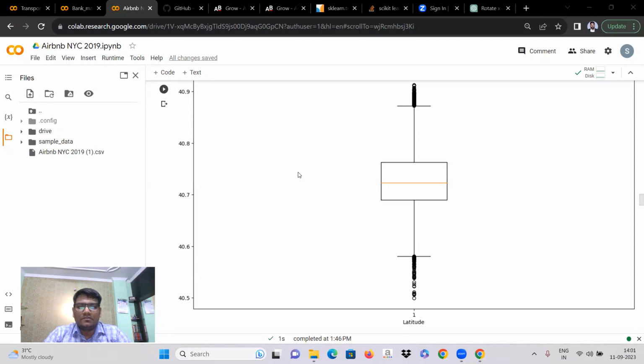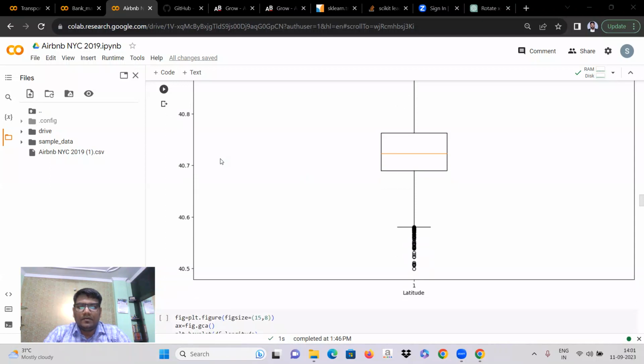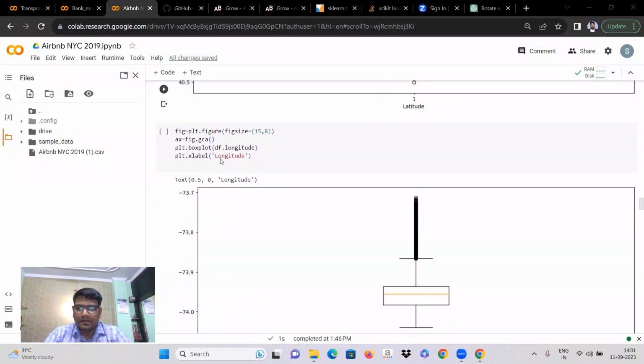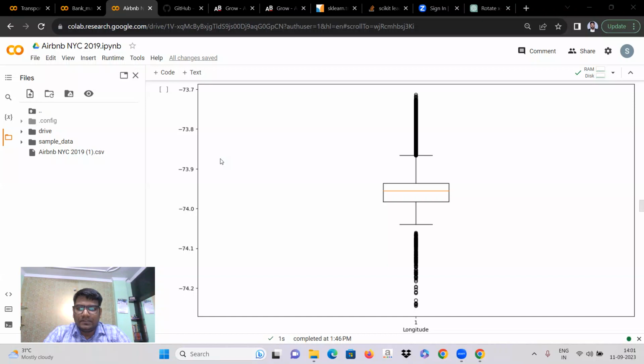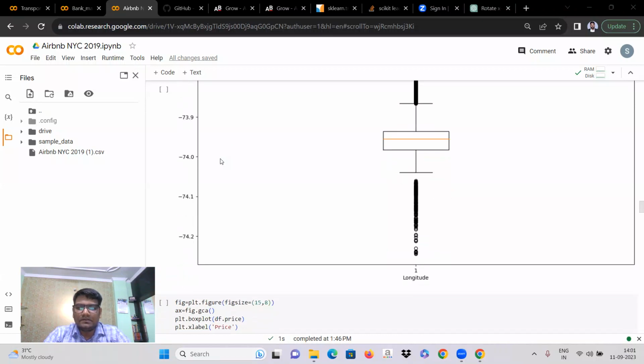So we'll consider all those as outliers. The business strategy that we'll be making would be between the latitudes where customers actually stayed for a longer time. Similarly for the longitude, here we can also see a lot of outliers.